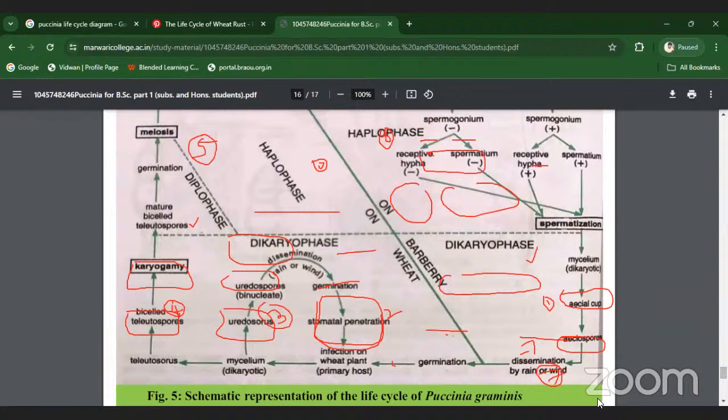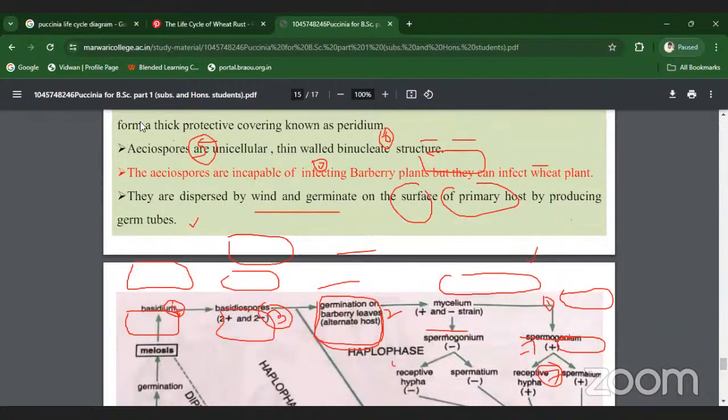Is it clear? Any doubt in this? No, sir. Right.